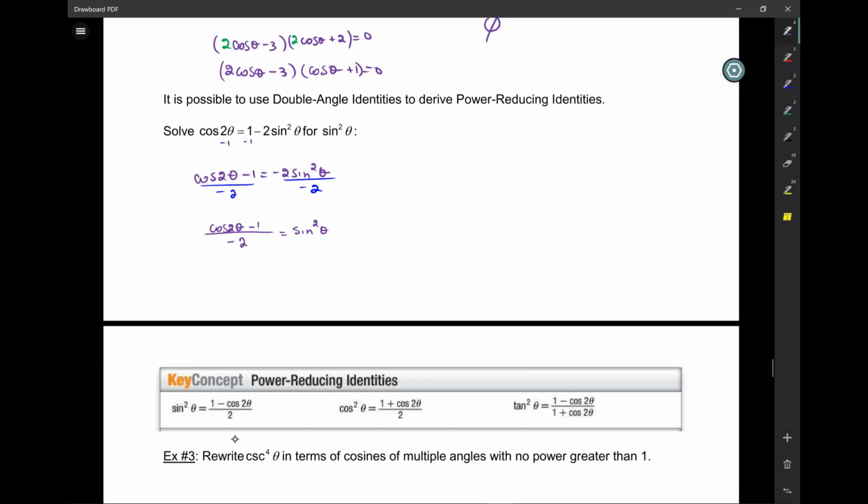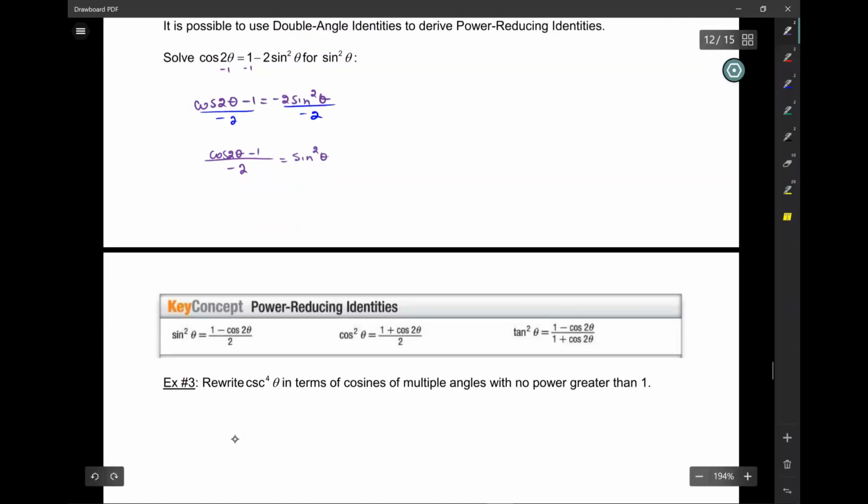And okay, so we never leave the -2 just on the bottom like that, the negative in the denominator. So I can move the negative up, and I can write that this is negative cosine 2 theta minus 1 over 2.